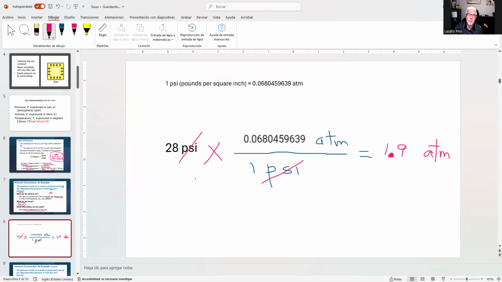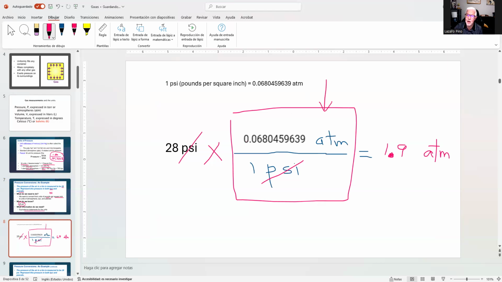For example, I know that 28 PSI multiplied by this conversion factor. I know that 1 PSI is this amount of atmosphere, and I use this as a conversion factor in such a way that I can cancel this with this, and the answer will be in the unit that I am looking for.